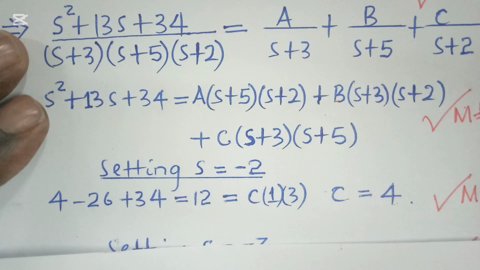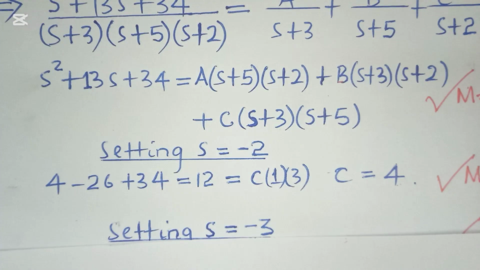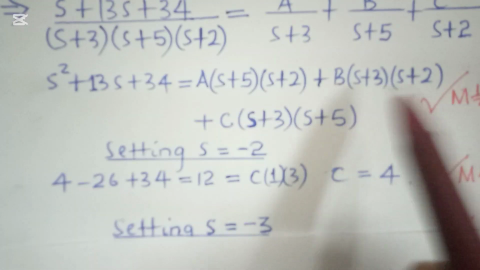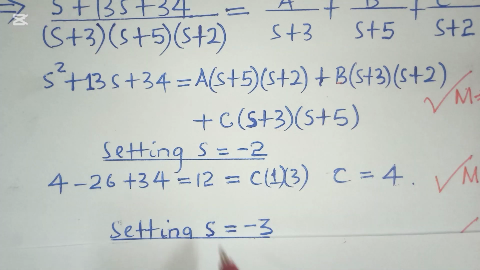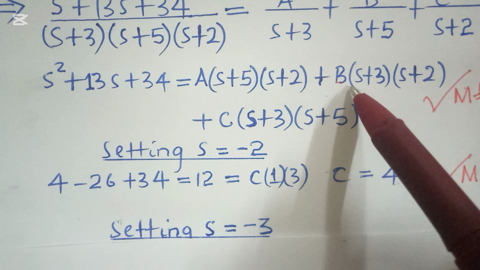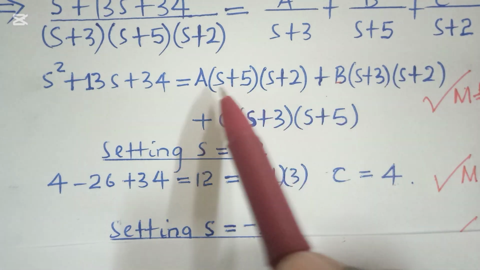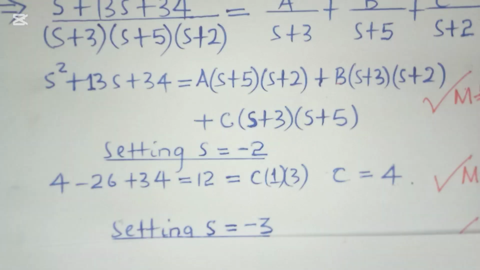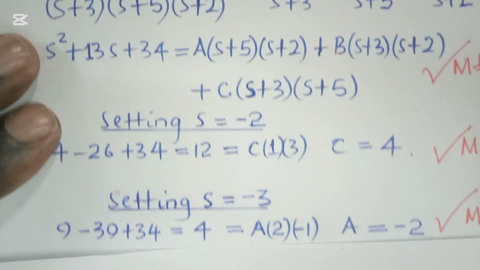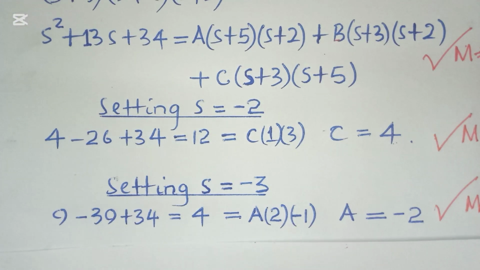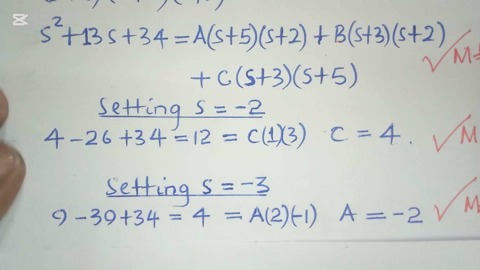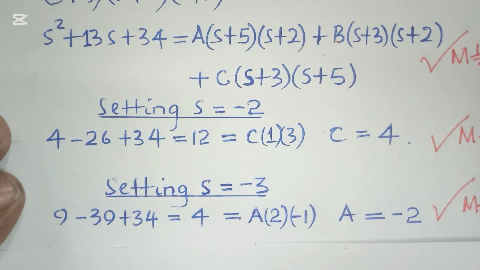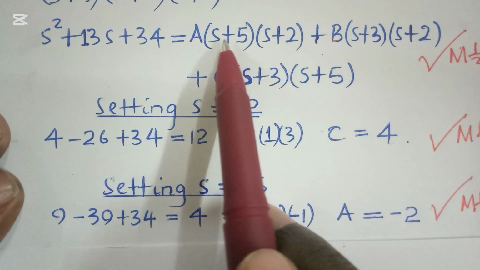Guys, we continue. We've been able to find C. Now we are looking for another value, whereby we set s equals to -3. So this one will still cancel, this one will still cancel, and therefore we are now looking for A. In looking for A, this is what we have. We put -3 where the position of A is.